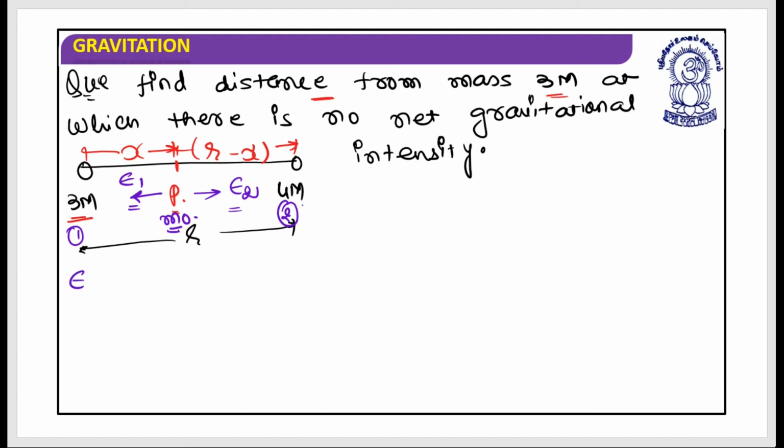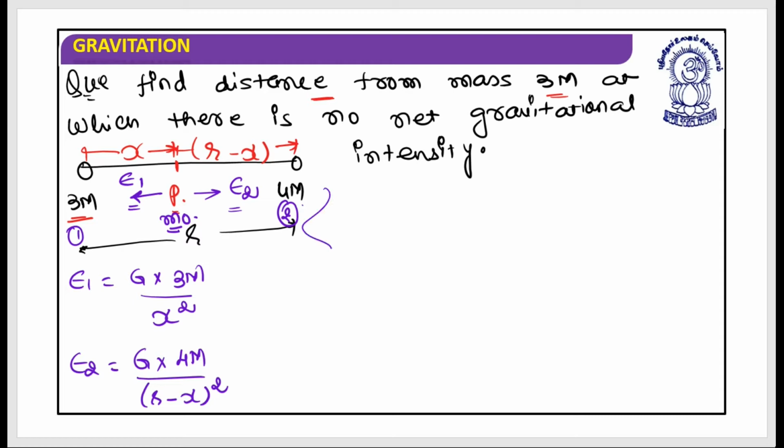So let's first write down E1, which equals G multiplied by 3m divided by x square. Let's write down E2, which equals G multiplied by 4m divided by (r minus x) whole square. What I want is that E net should be equal to 0.